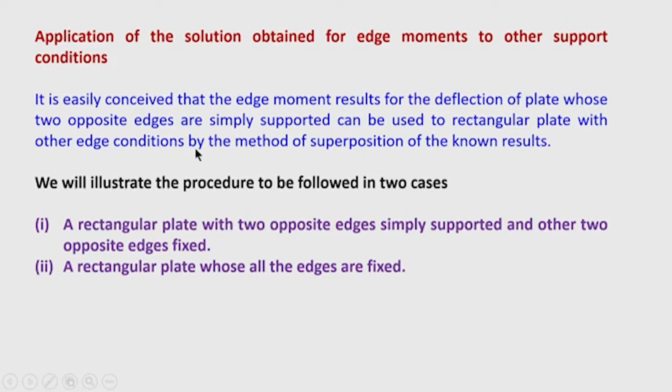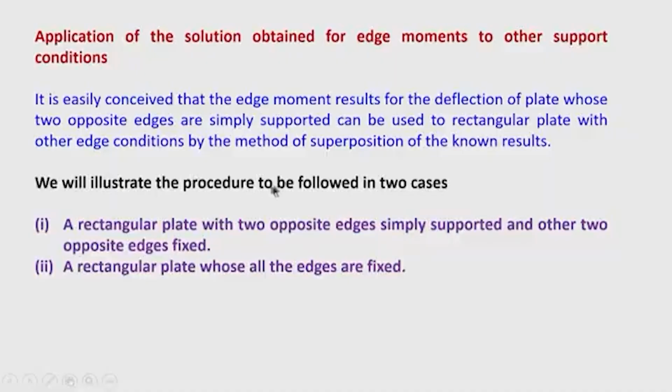You know from your elementary structural analysis that a fixed beam can be analyzed by first using a simply supported beam and then using a beam with an end moment, and then superimposing the results such that the moment applied at the end makes the slope at the end 0. So, that gives the fixed end condition of the beam. This principle will be applied here in the case of a plate also.